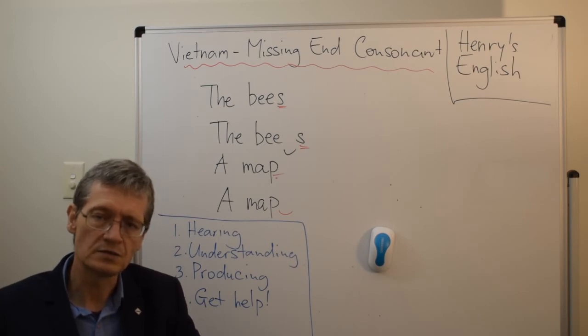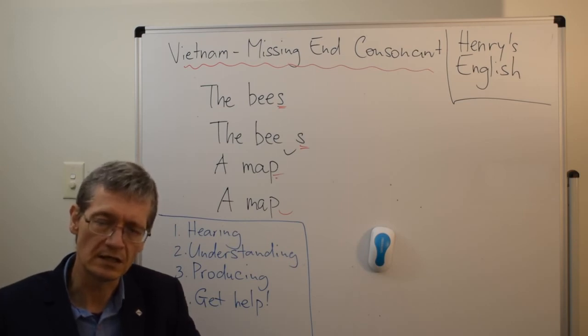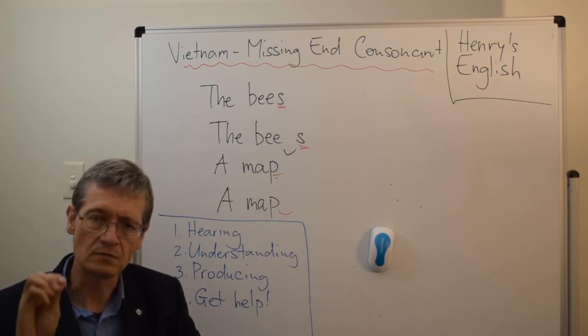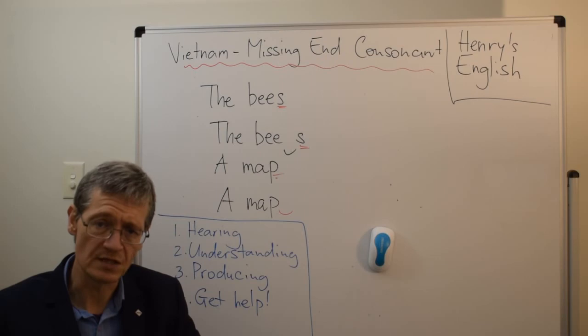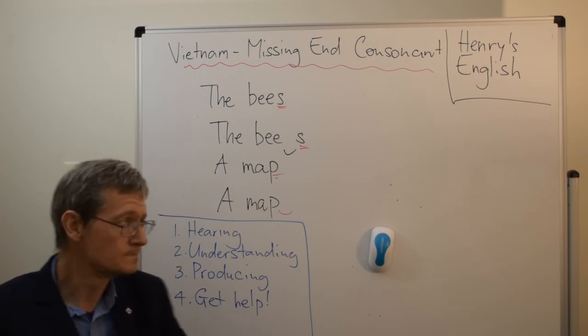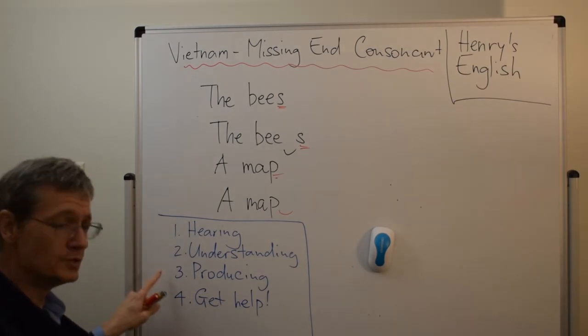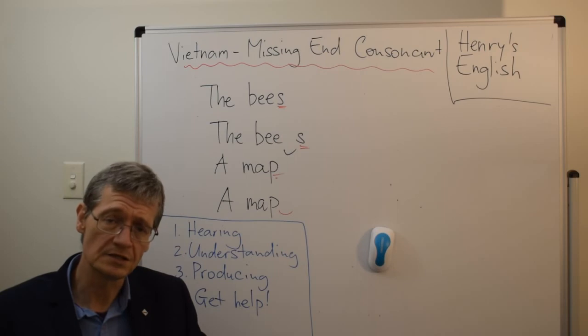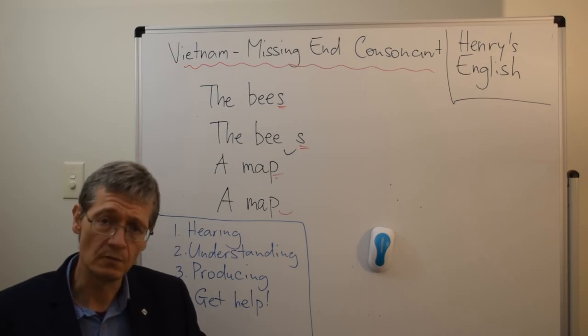I think it's also partly that they don't realise how important it is and how strongly they need to emphasise the P. So this exercise, it's probably more of a producing issue. They can hear the P, but they're not actually producing it the way we want them to. It's not enough emphasis.